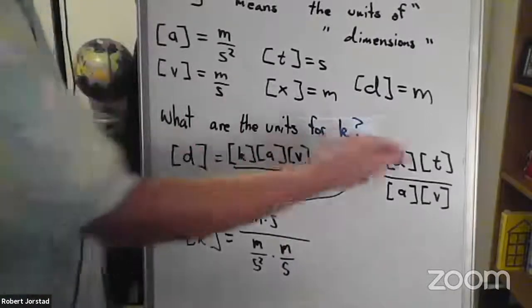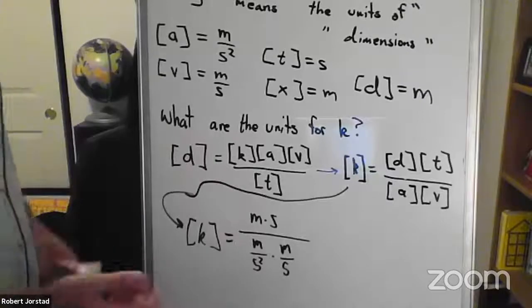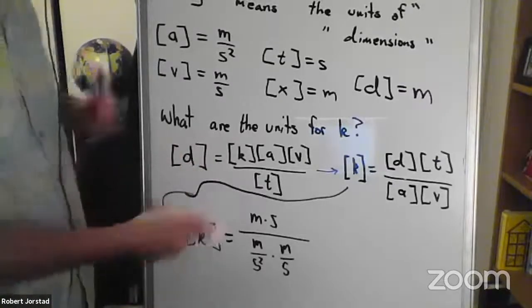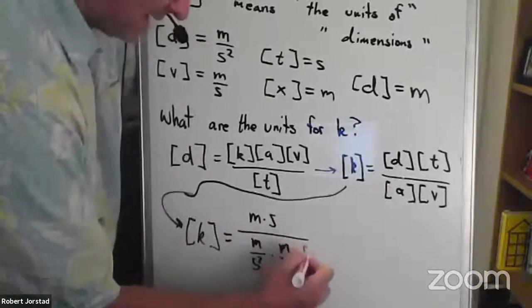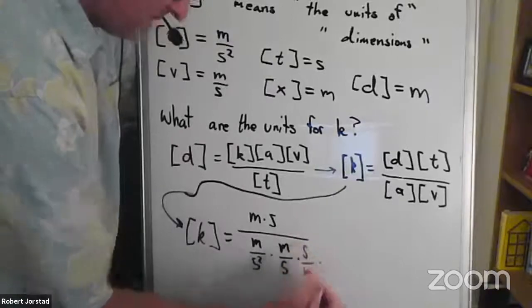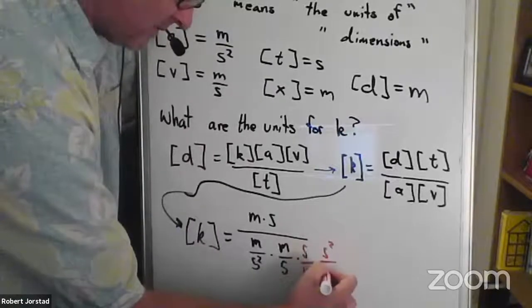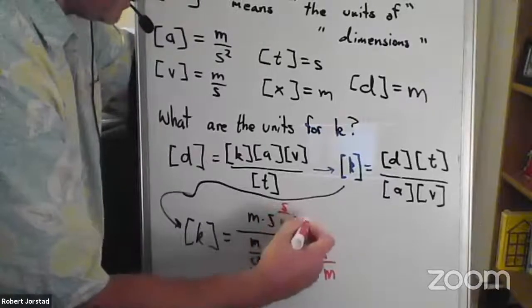Obviously, if you squared one of these things, you would also square the units. We saw that earlier. But now it's a lot easier to keep track of this stuff. We could clearly cancel some stuff. What I'm going to do is multiply by seconds over meters and seconds squared over meters. And I have to do that to the top and the bottom.